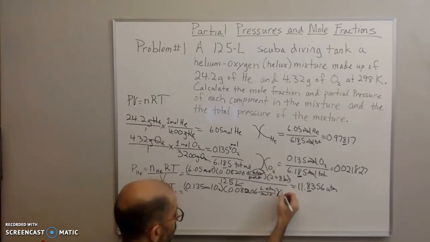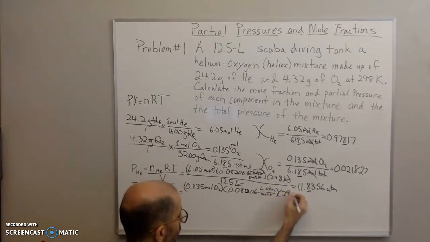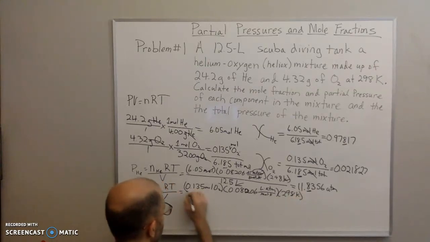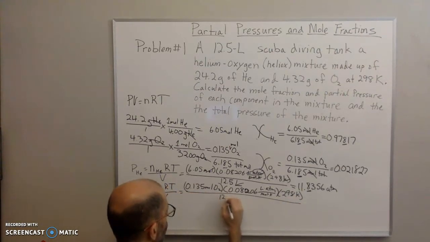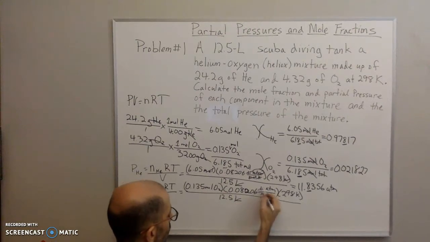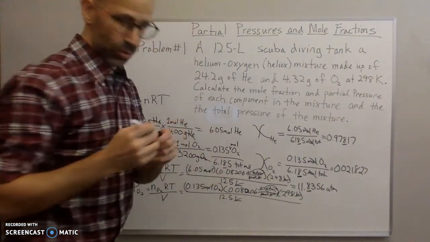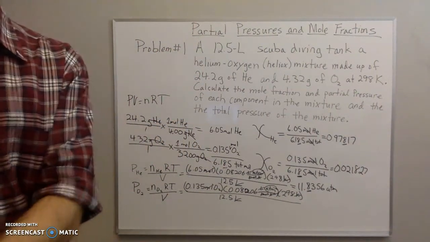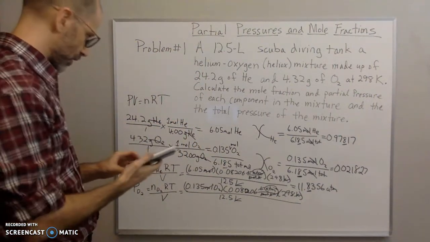And then we're going to multiply by the temperature, 298 Kelvin, and then we're going to divide by the same volume, 12.5 liters. So liters cancels out, Kelvin cancels out, moles cancels out, leaves us with atmospheres. So let's do that quickly.